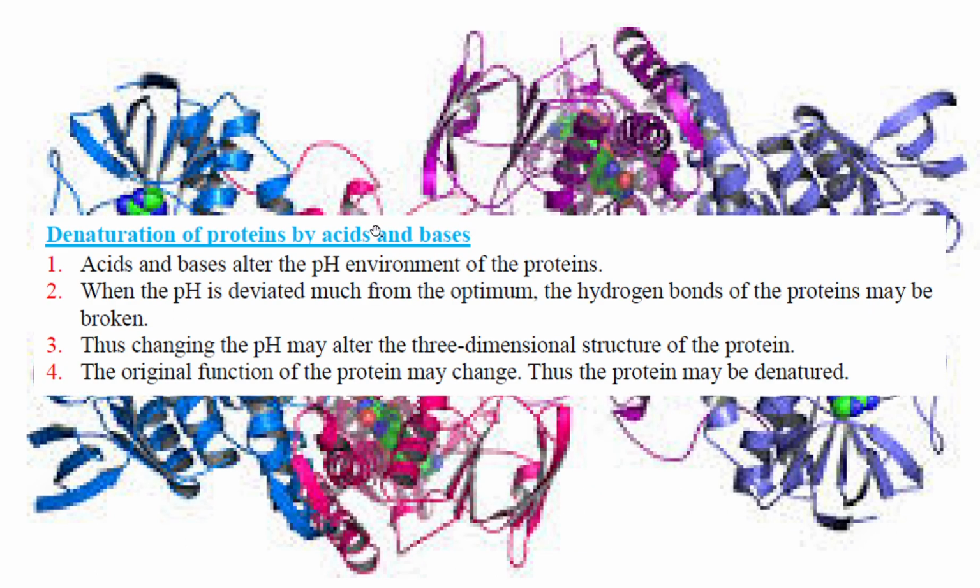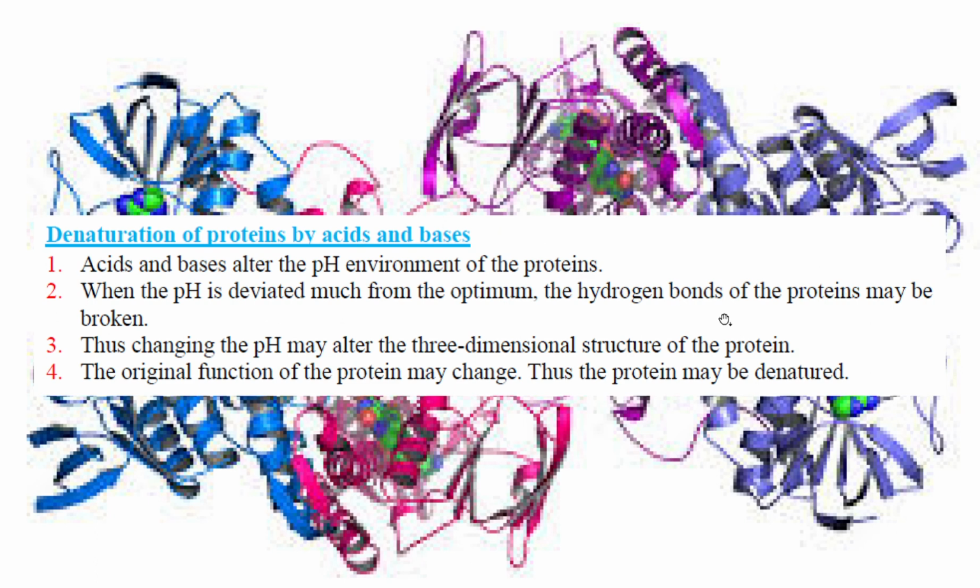And denaturation by acid and base. A protein can have polar parts, some parts that are acidic or basic. So the acidity and basicity of the environment may alter the shape of the protein, the 3D structure. We always have some pH that is optimal for a specific protein.